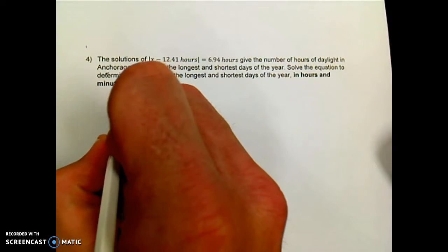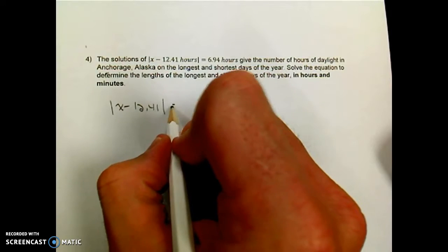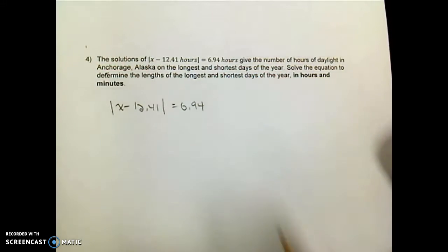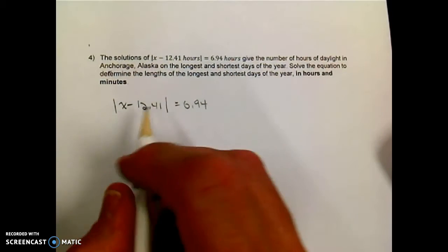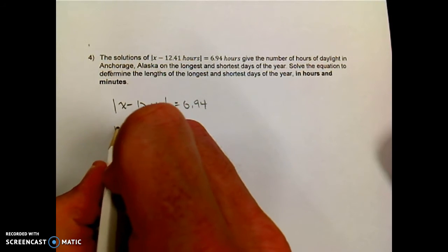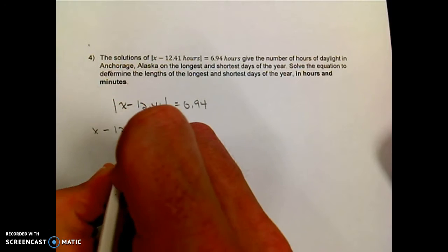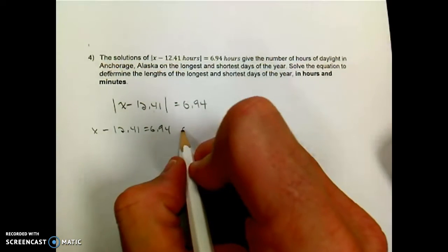So we have the absolute value of x minus 12.41 equals 6.94. 6.94 is our absolute value. So if x minus 12.41 is equal to 6.94, that's one possible case.